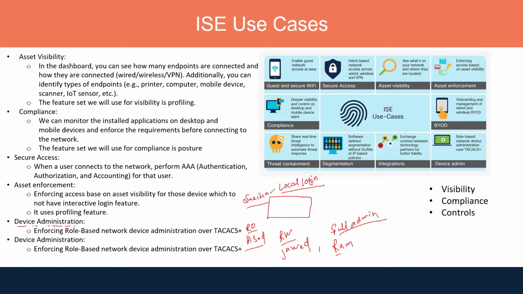What is local login? That means here we can create a user with a username and a password. That's a local user I can create on the switch itself. Or I can use local AAA as well.